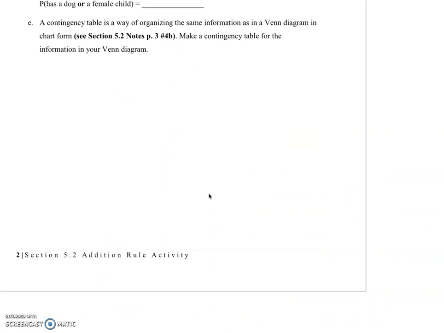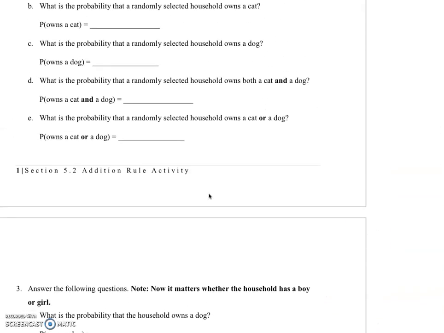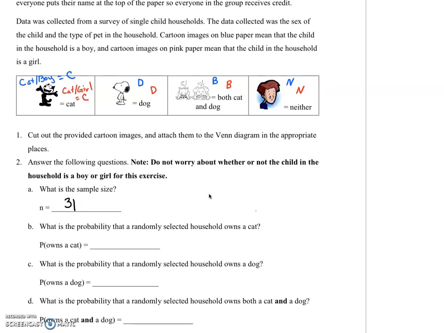So that's 13. So remember, the probability is the number of things in the category we want. So owning a cat, that's 13 out of the total of 31. And you can convert that to a decimal if you want.